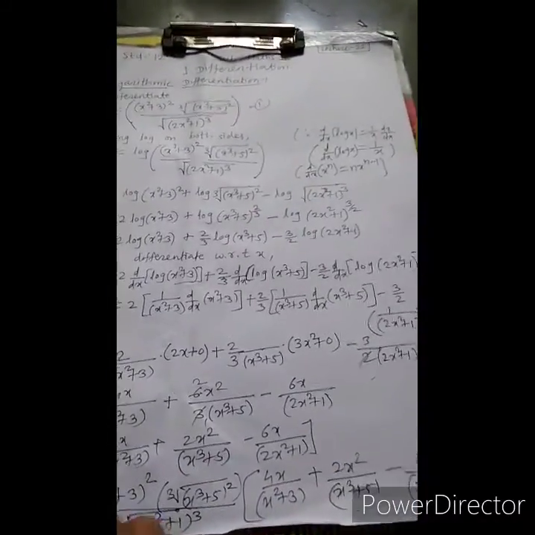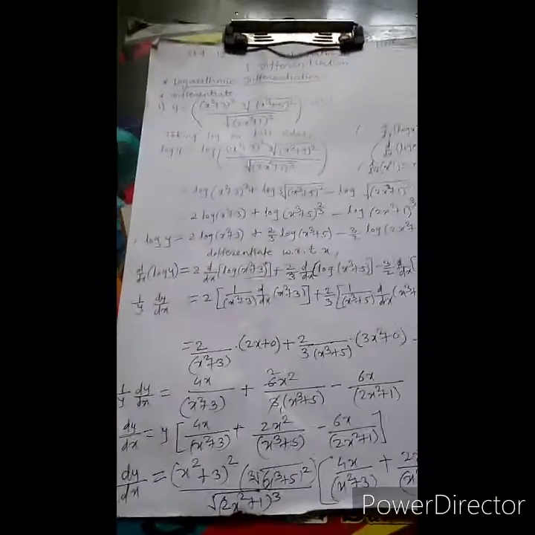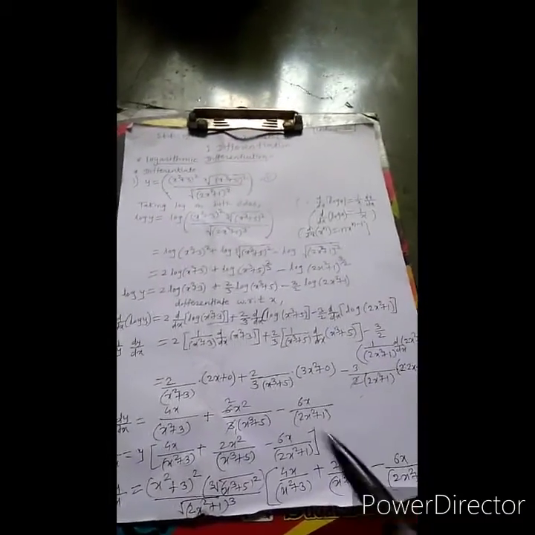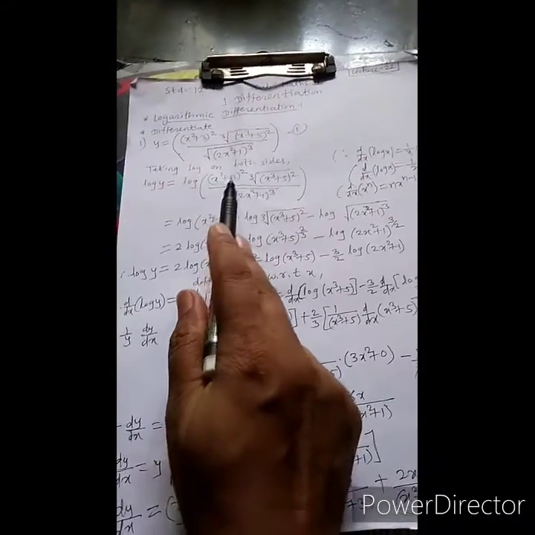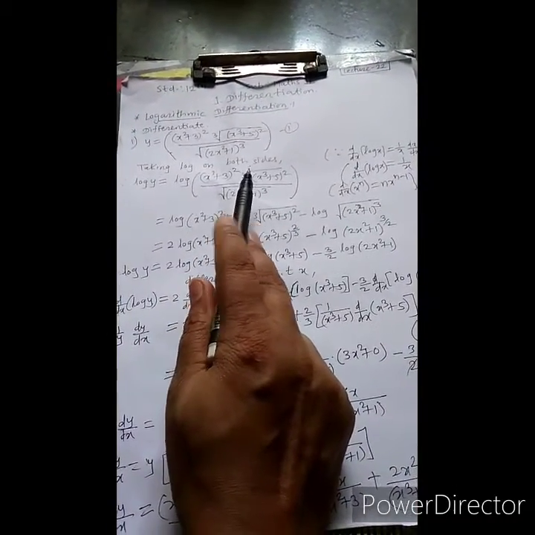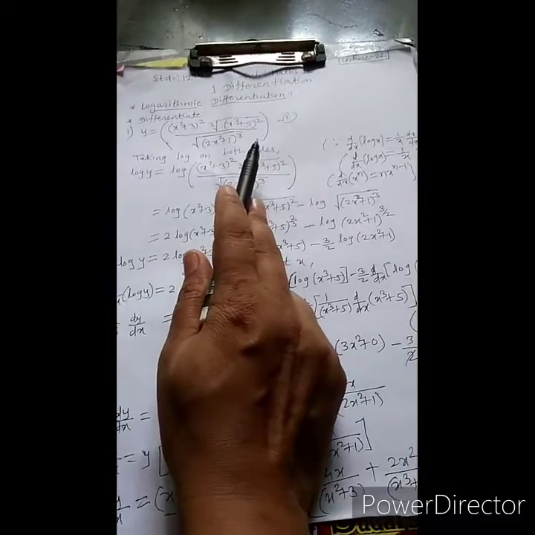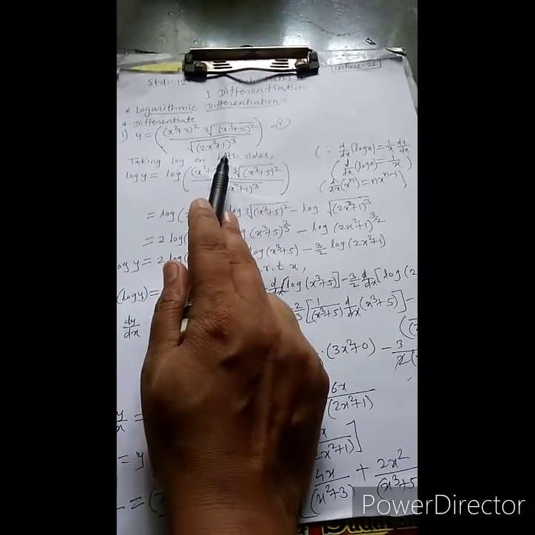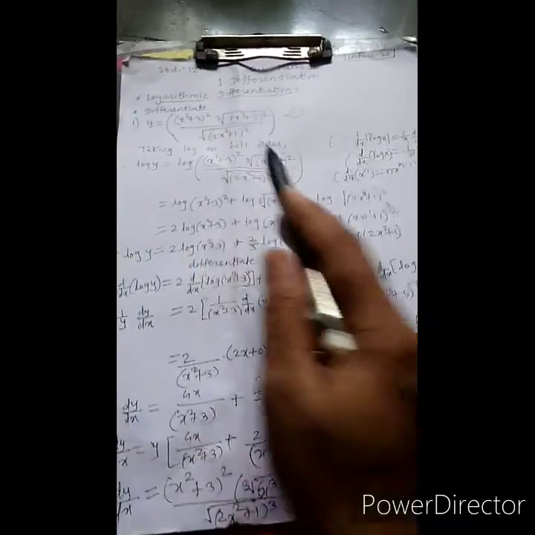And this is the derivative of the given function y is equal to x square plus 3 bracket square in cube root of x cube plus 5 bracket square upon in square root bracket of 2x square plus 1 bracket raised to 3.